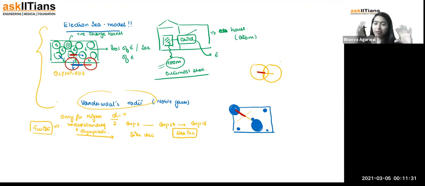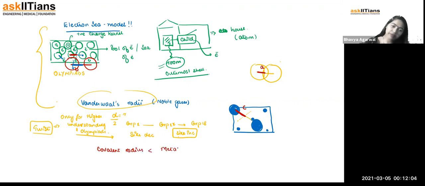And that is why I've kept the sizes almost of a similar level for each and every atom. So now if you see, this is A size, this is B, this is C. You will see that A size is the smallest, followed by B, followed by C. It means the covalent radius will be the smallest, as compared to the metallic radius, which will be smaller than the van der Waals radius.